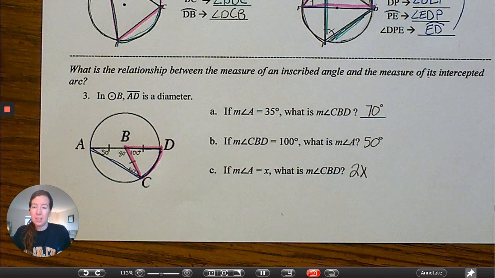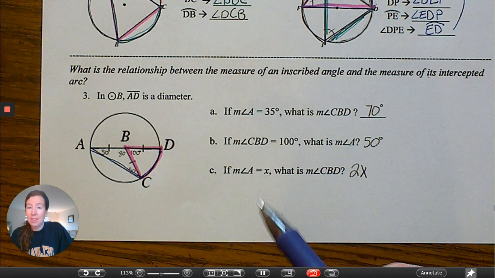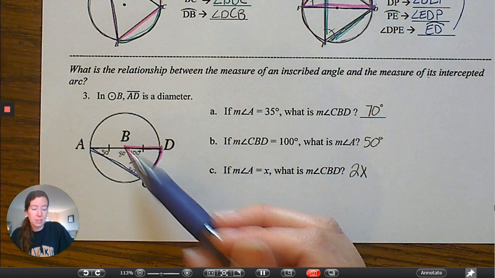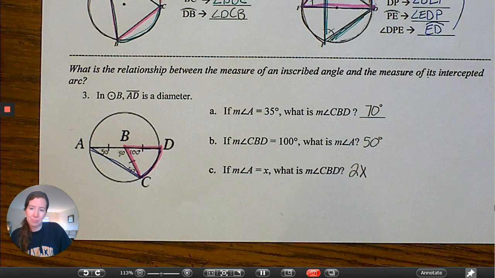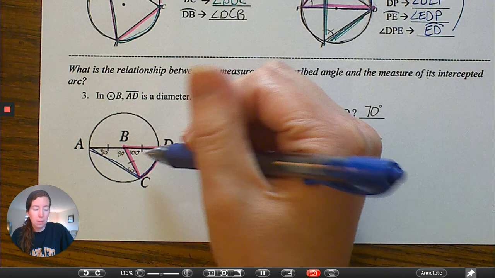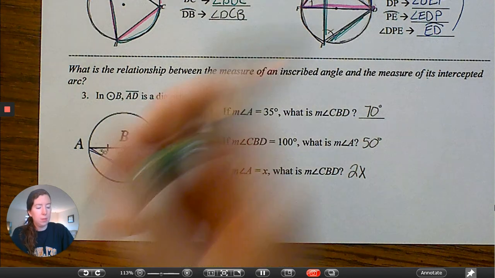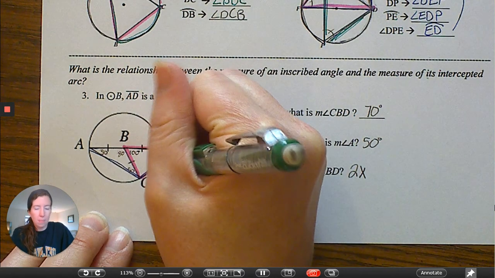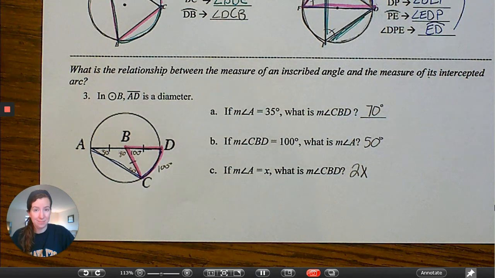So both the inscribed angle, angle DAC, and the central angle, angle DBC, intercept the same arc, CD. But they don't have the same measure. So in this one, in letter B, if this was 100, this would be 100. But the inscribed angle was only 50.